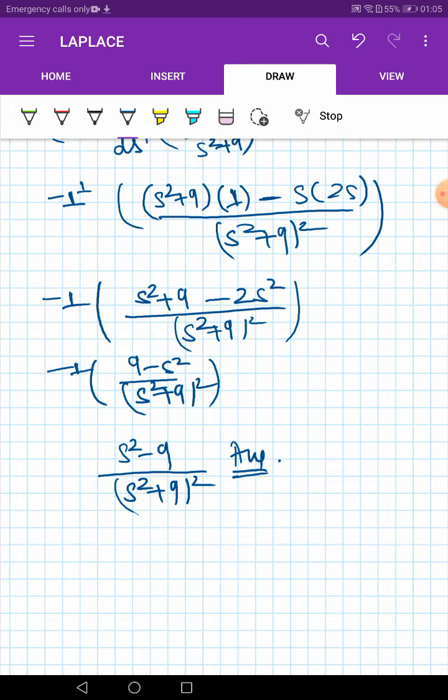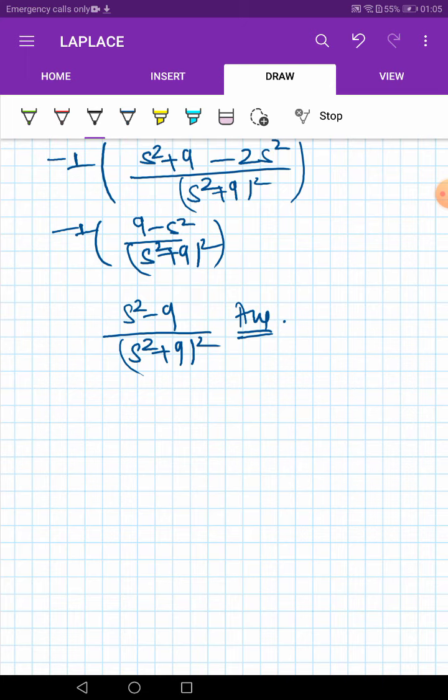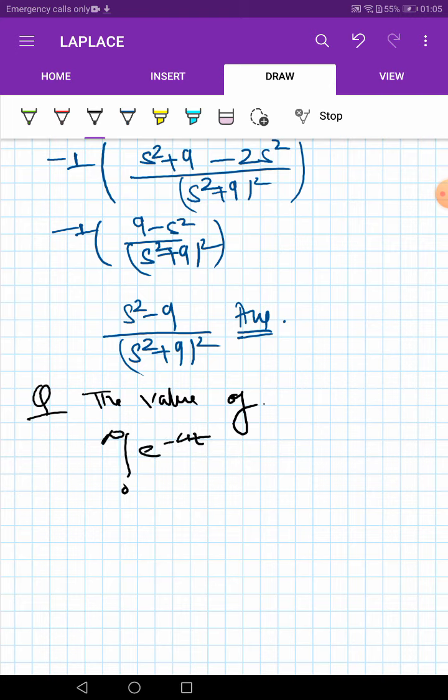Such kinds of derivatives you can solve using this method. Let us solve one more interesting question. The question is, you need to find the value of the integral from 0 to infinity of e power minus 4t into t cos 3t dt.